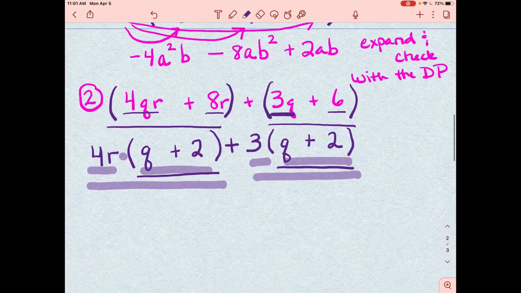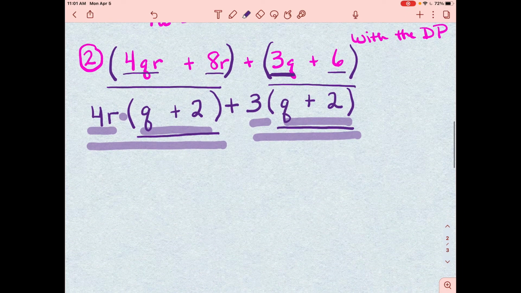So now you have to do something kind of dramatic with your brain. We can look at this and say, 4r times q plus 2, plus 3 times q plus 2. If you look at that as 2 factors, they each have q plus 2 as a common factor.